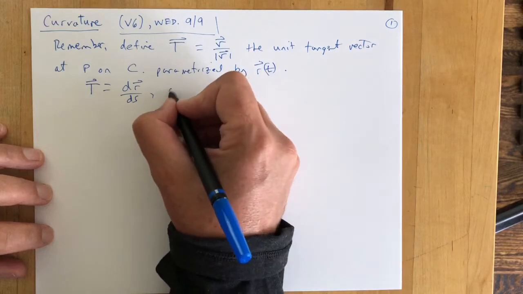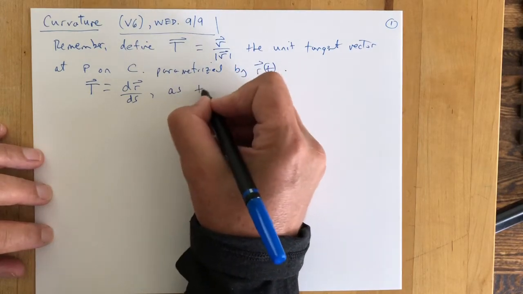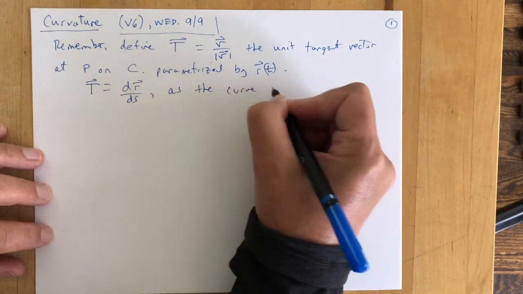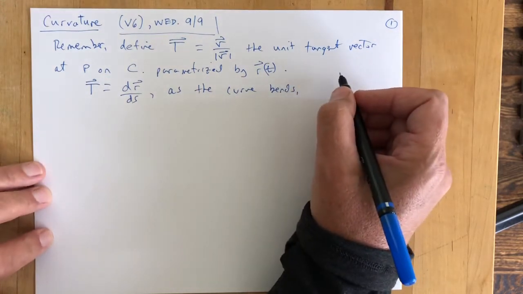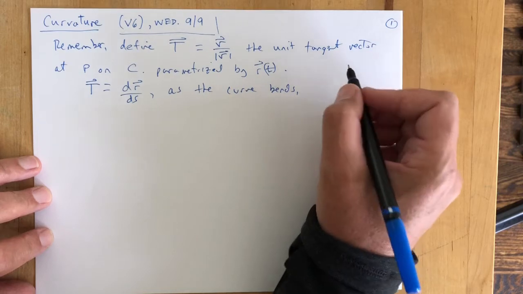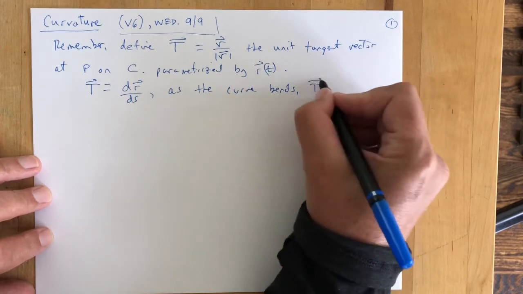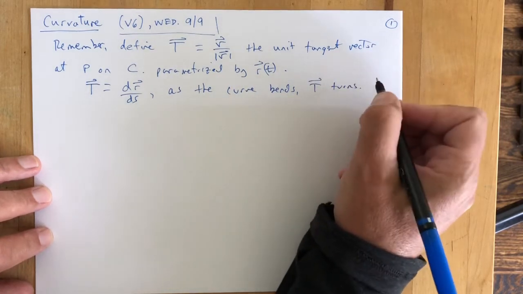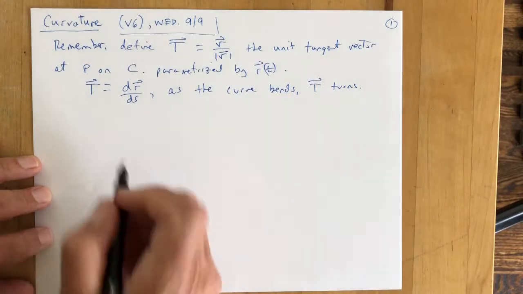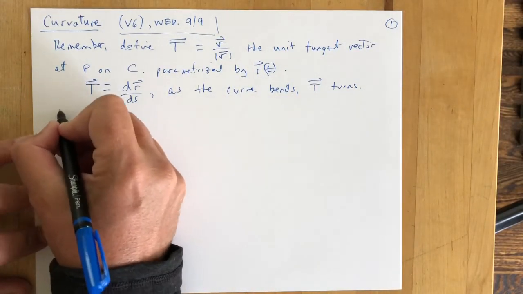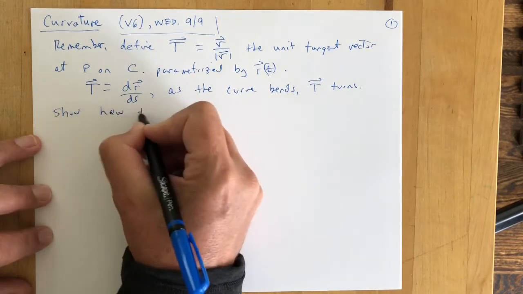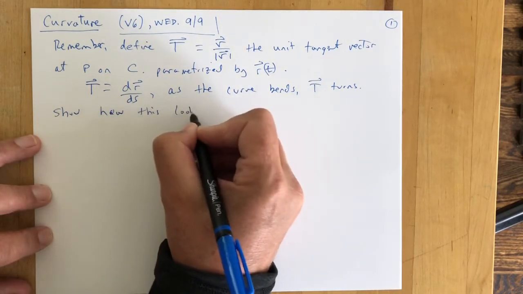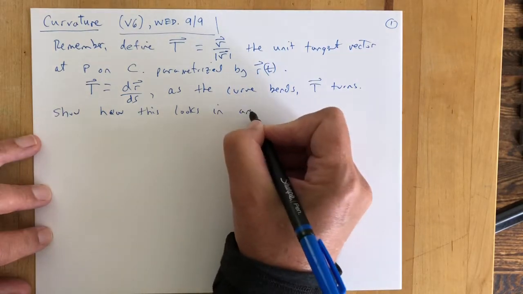Now, as the curve bends, T turns. And I'm going to jump over to GeoGebra and show how this looks in an animation.